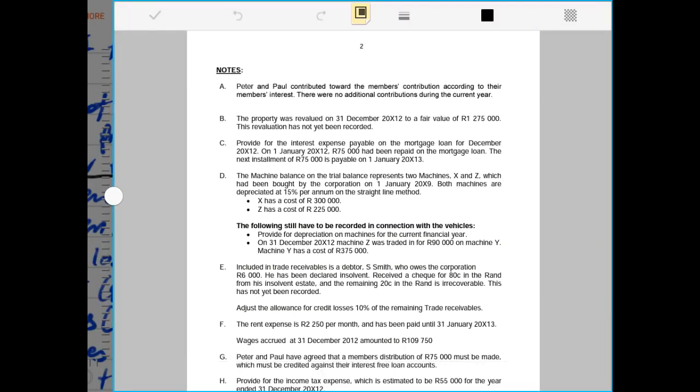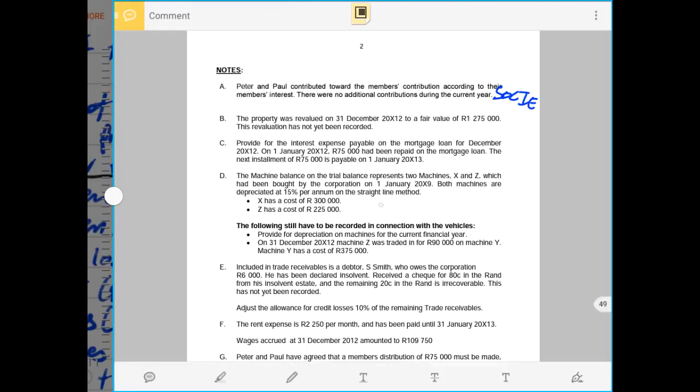Then we go to number B, which is the statement of changes in equity. Number B says property was revalued on the 31st of December to a fair value of 1,275,000 rands.